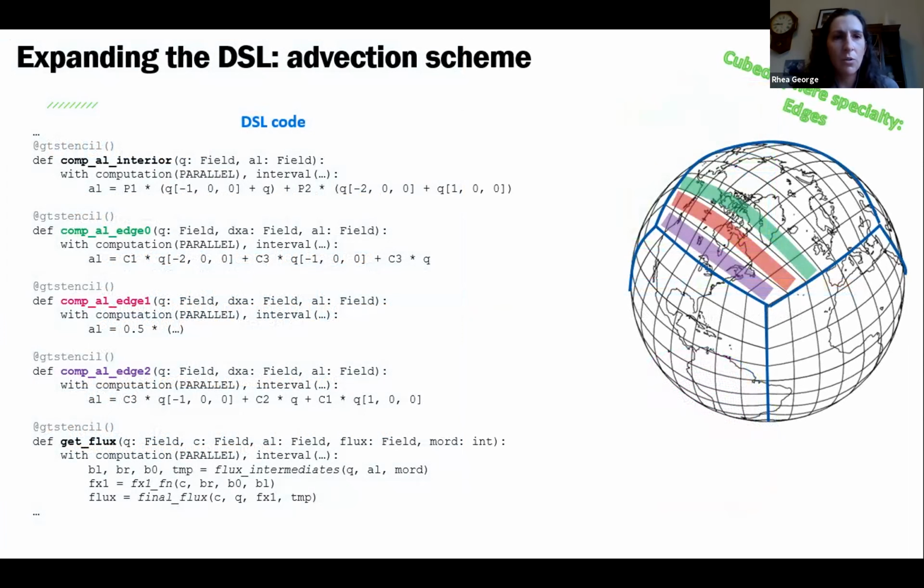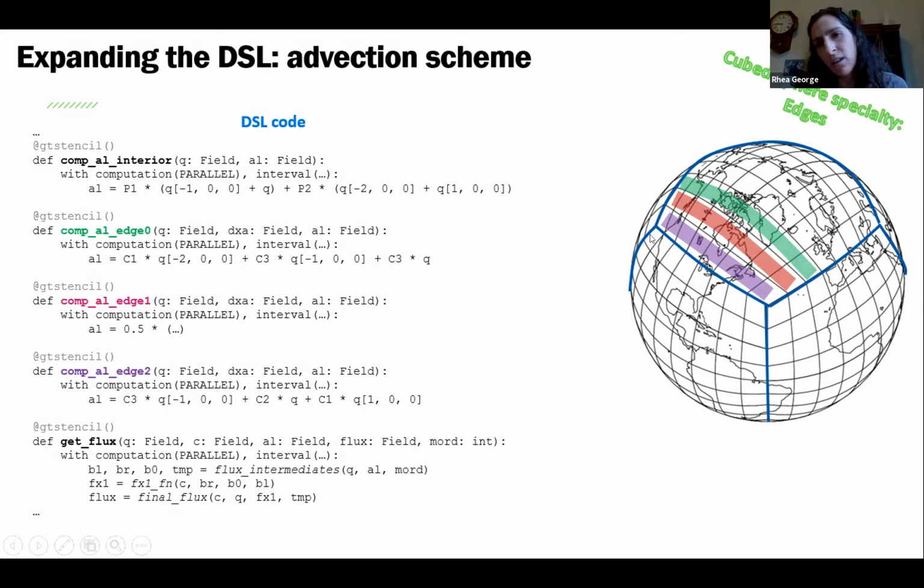So here I'm just going to walk through how we dealt with those edge calculations, given that the DSL didn't quite allow us an easy way to put all those specifications inside of GT4Py. Initially we had to have separate stencils.